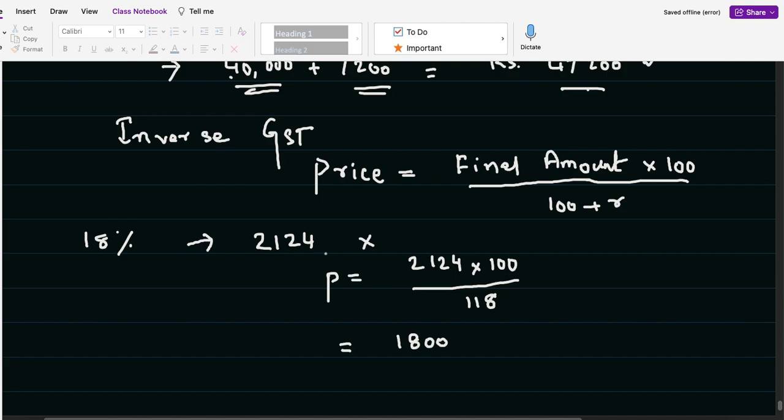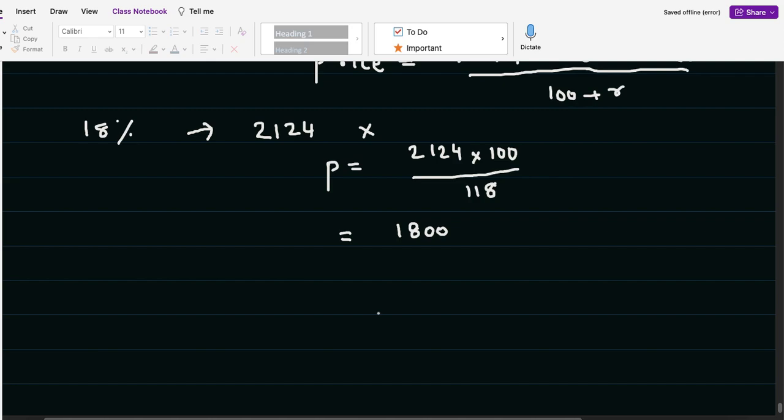After adding GST, it became 2124. Now you subtract 2124 minus 1800, you will get 324 as the GST amount. Got it? So this is very simple. If you know the formula, you can do it very well. So students subtract R percentage from the final amount, which is wrong. Don't commit that mistake. It's a very common mistake which people make.